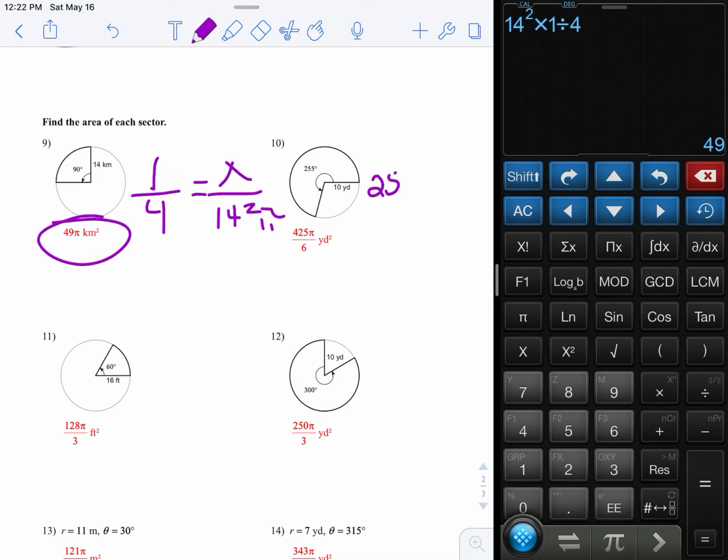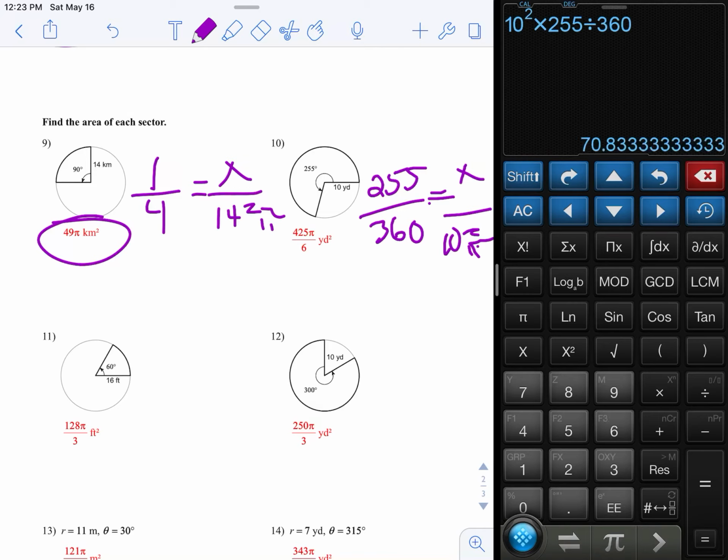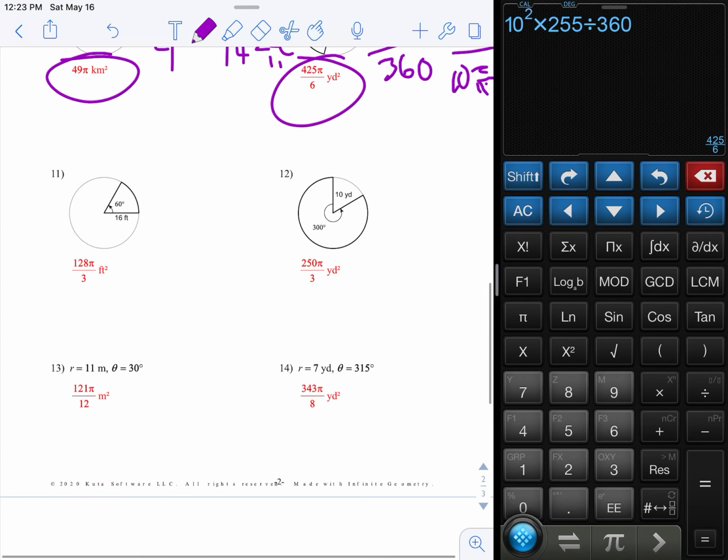Okay, 255 over 360 equals x over 10 squared pi. Okay, that's supposed to be 10 squared pi. So 10 squared times 255 divided by 360. Get a decimal, change it to a fraction. 425 pi over 6.